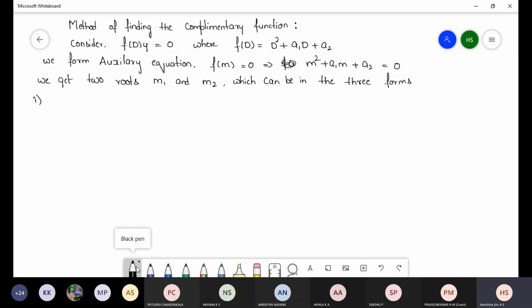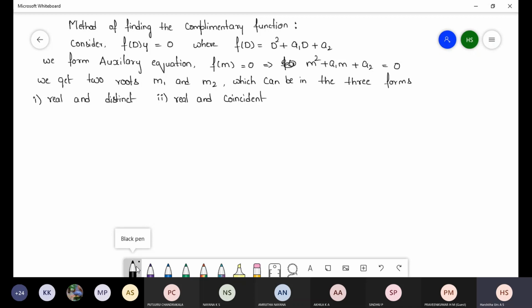In the first one, real and distinct. Real and distinct means different numbers like 1, 2, 3, 4, different roots. Next, real and coincident, which means repeated values.